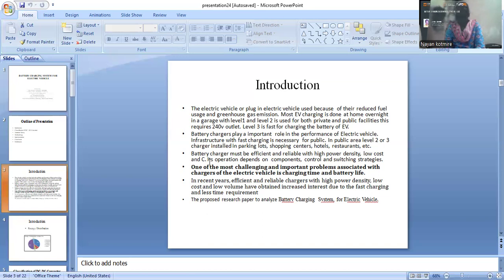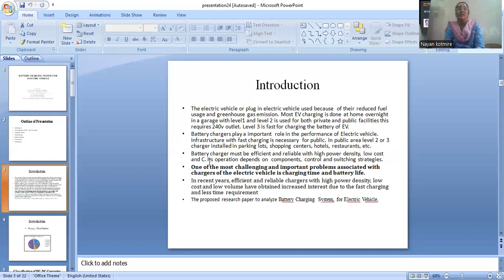Electric vehicles have low cost and high efficiency, and they need fewer components. Hence, chargers are used for charging the battery of the electric vehicle. The battery used in an electric vehicle plays an important role because it provides efficient and reliable power.